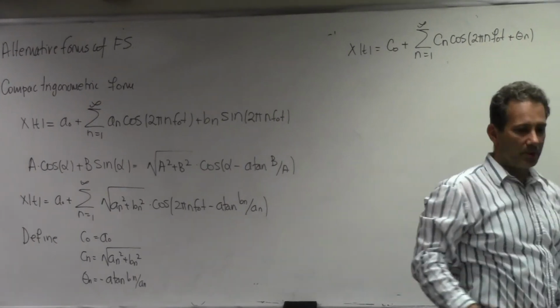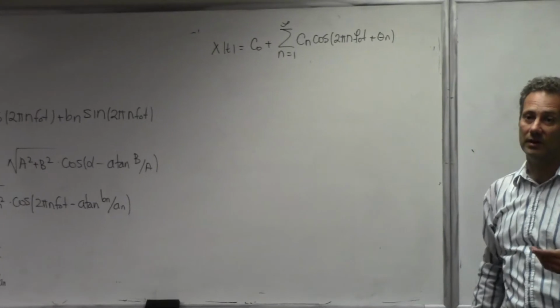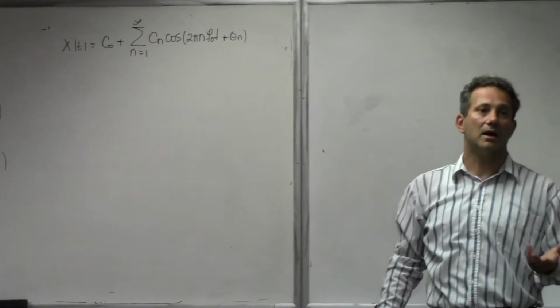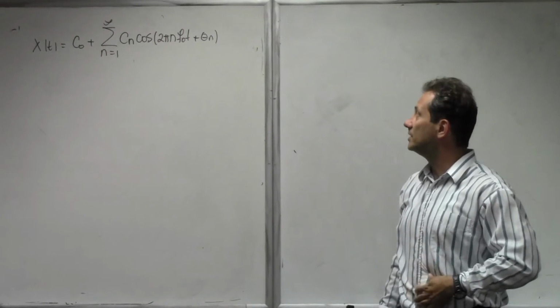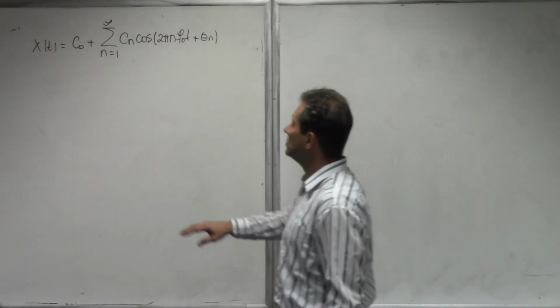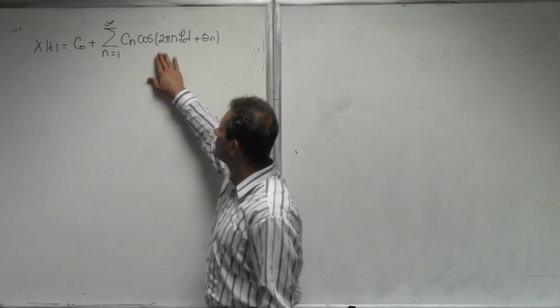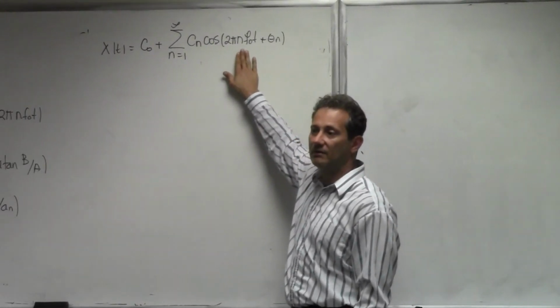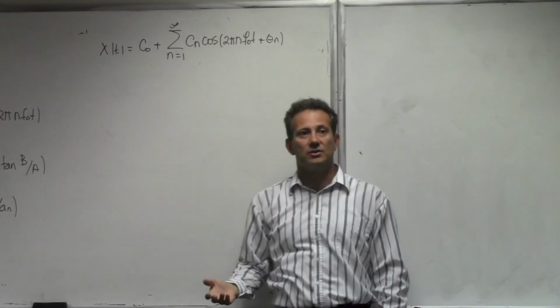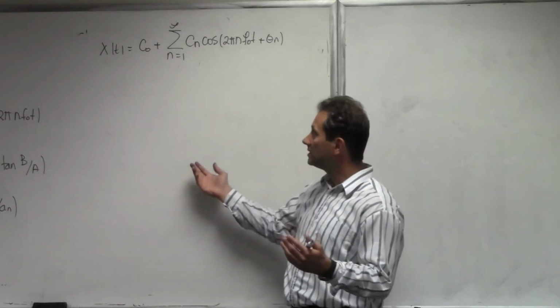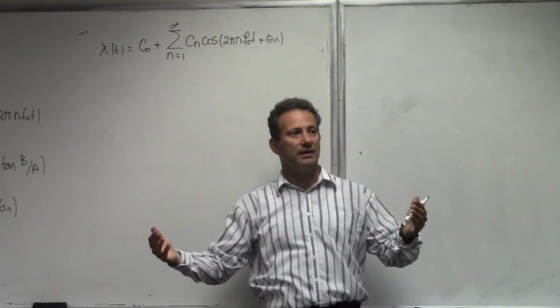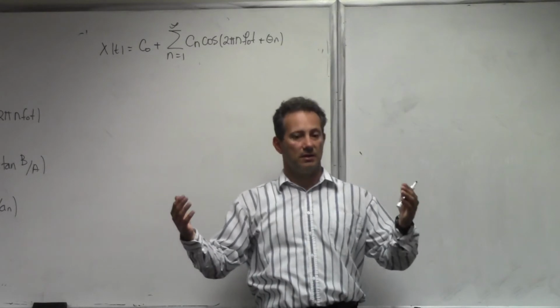This form, in my opinion, is the most insightful. It actually tells us exactly how periodic signals are being built. You see that you have to have cosines with frequencies that are integer multiples of the fundamental frequency. But to build a signal, you have to align these cosines in two ways.